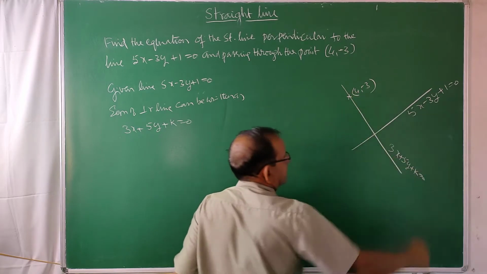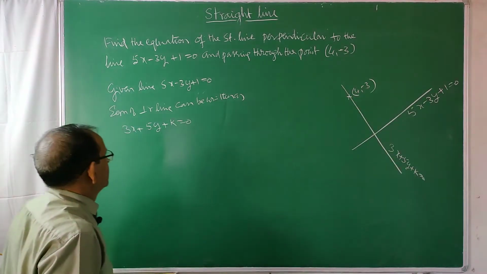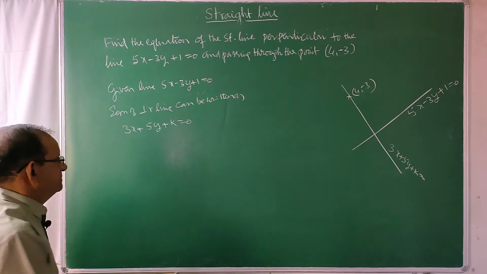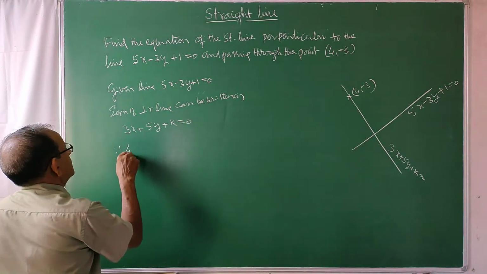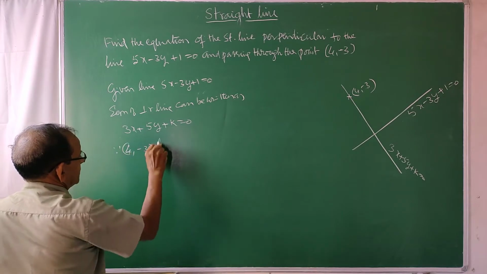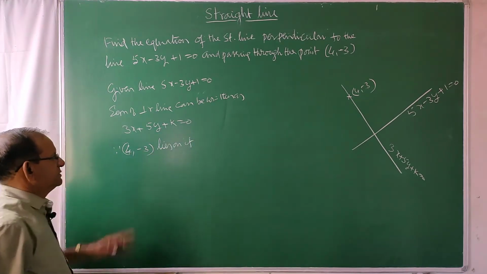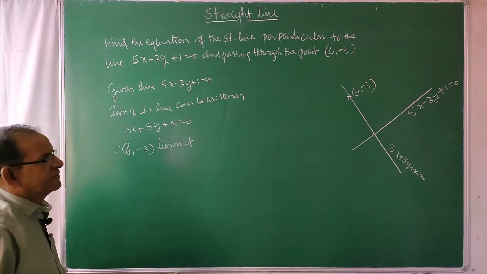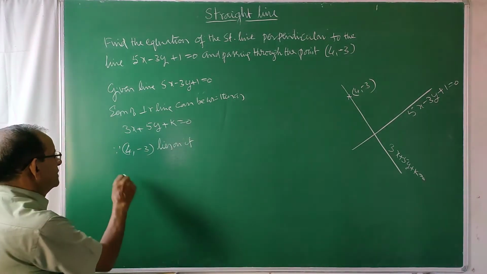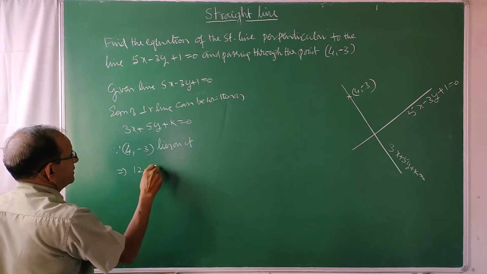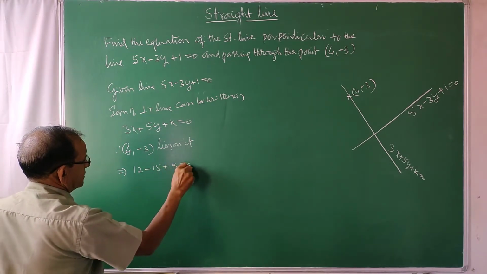Now a point is given on this line. What is that point? 4 comma minus 3. Since 4 comma minus 3 lies on it, substitute 4 comma minus 3 for x and y, you will get the value of k. That implies 3 into 4 is 12, 5y means minus 15, plus k is equal to 0.